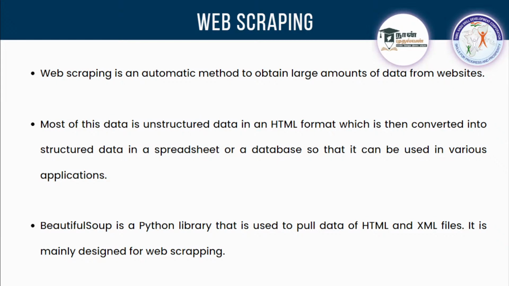When you have a bunch of data, it is better to have it structured in table format, right? And we are going to use one very important library for Python, known as Beautiful Soup. That library is used to pull data out of HTML and XML files, and it is particularly designed for web scraping. It is easy, we'll try to do it.